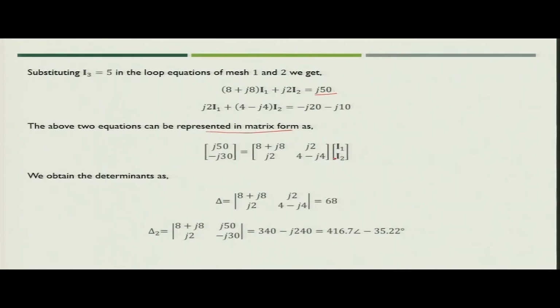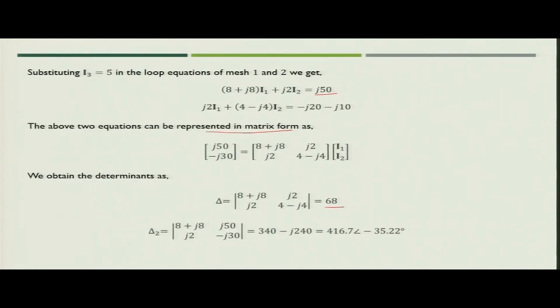Now, as we did in the previous example, in this case also we will first determine the value of the determinant of this matrix. If we determine the value of the determinant, it comes out to be 68. Next, we need to find the value of delta 2, because we need to find the value of I2.